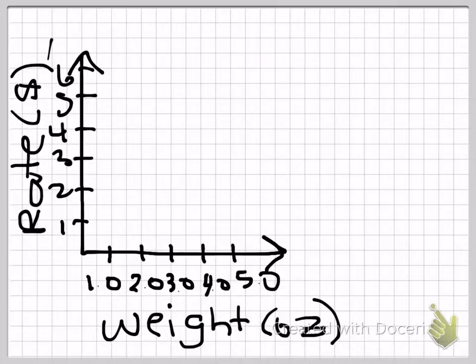And you think about how the heavier the package is, the higher the price to send. So you can just draw a straight increasing line to show the relationship between the weight of the package and how much it costs to send. And that would be sufficient.